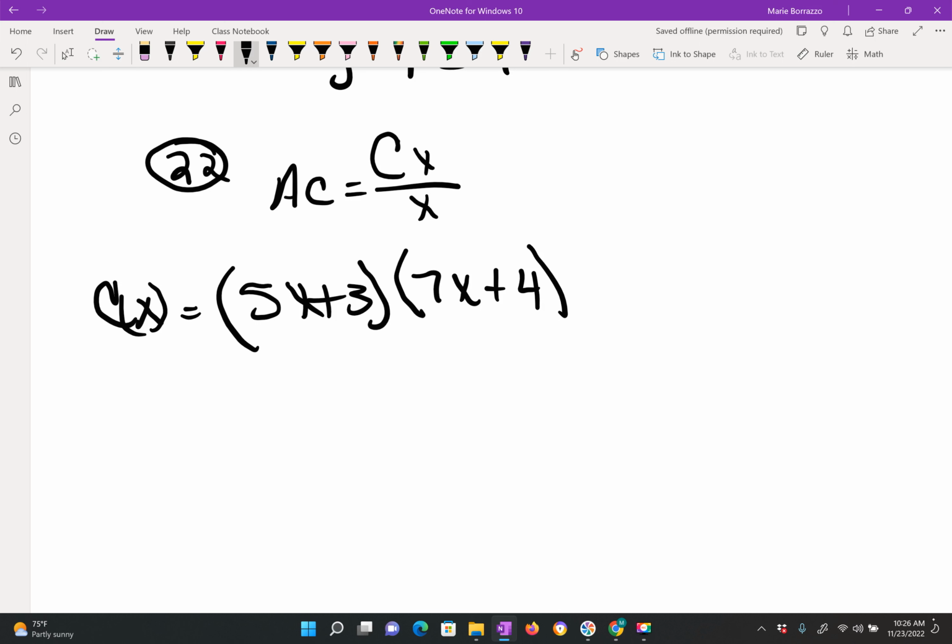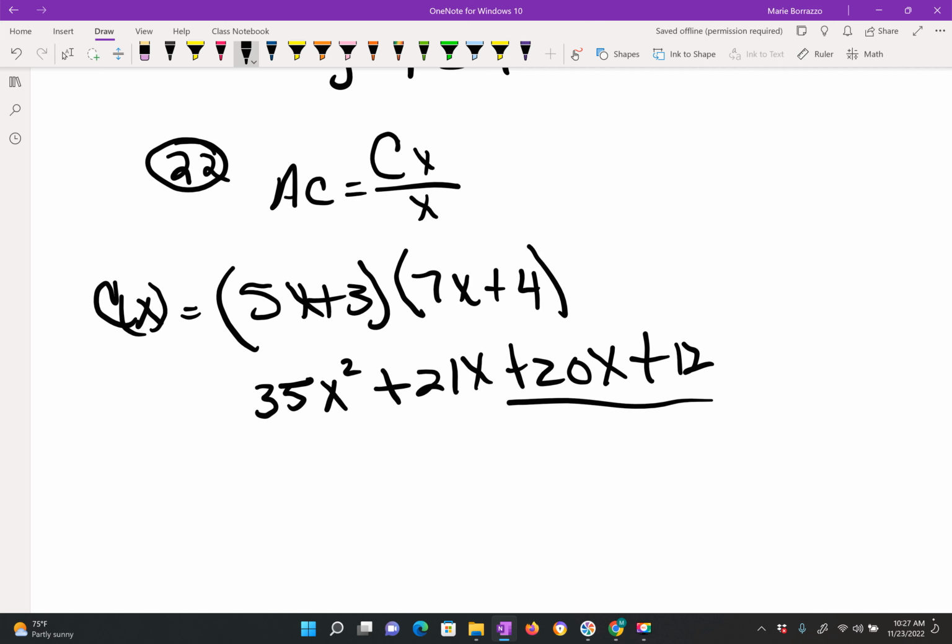And first, outer, inner, last, we end up with 35x squared plus 21x plus 20x plus 12, and all of this over x. So that's your original C of x.